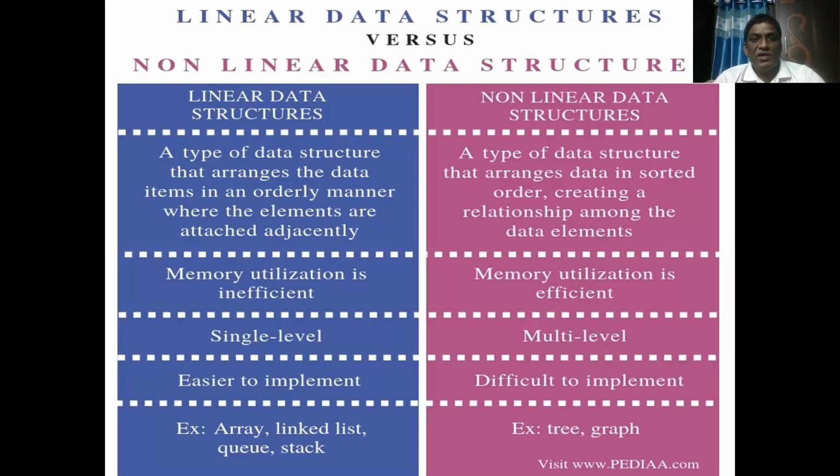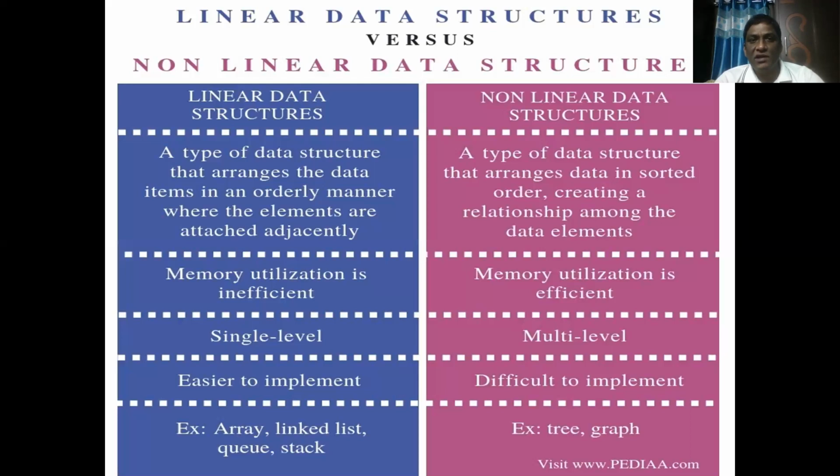And memory utilization in linear data structures is inefficient, whereas in nonlinear data structures, memory utilization is efficient. They occupy very less memory compared to linear data structures. And linear data structures are single level. Single level means, for example, an array is a collection of adjacent elements.